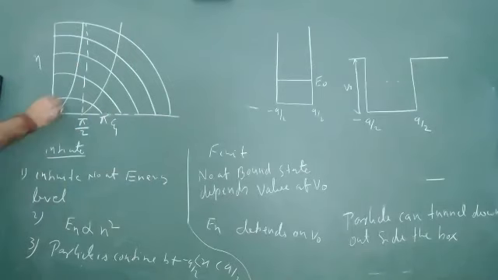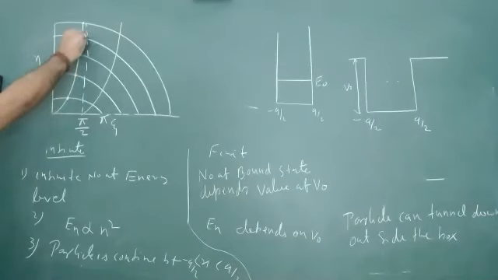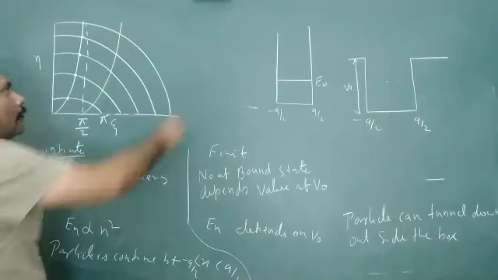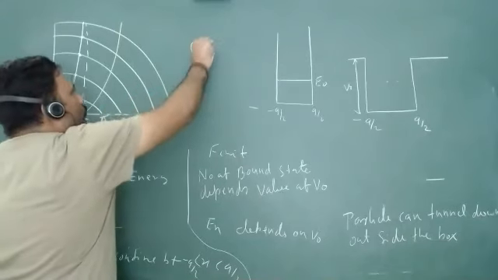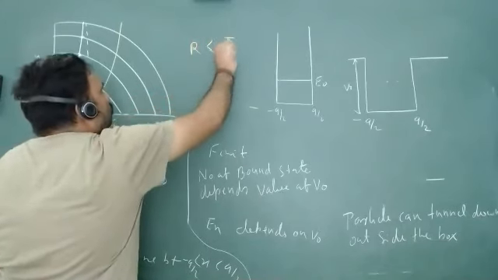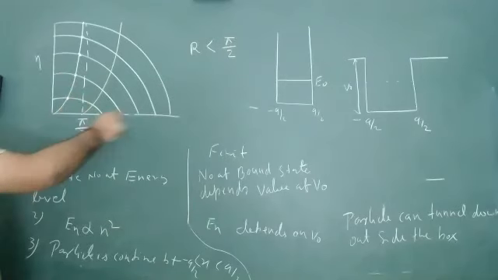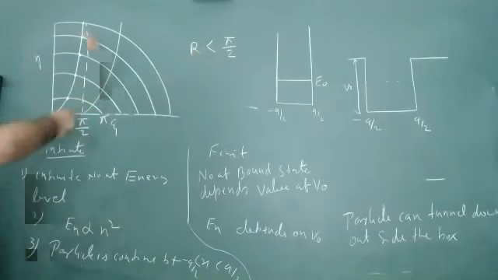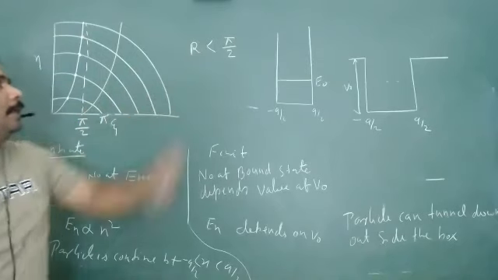Always you will find the ground state value is less than pi by 2. The value of R will always be less than pi by 2, because if R is equal to pi by 2, then you have started the second bound state.